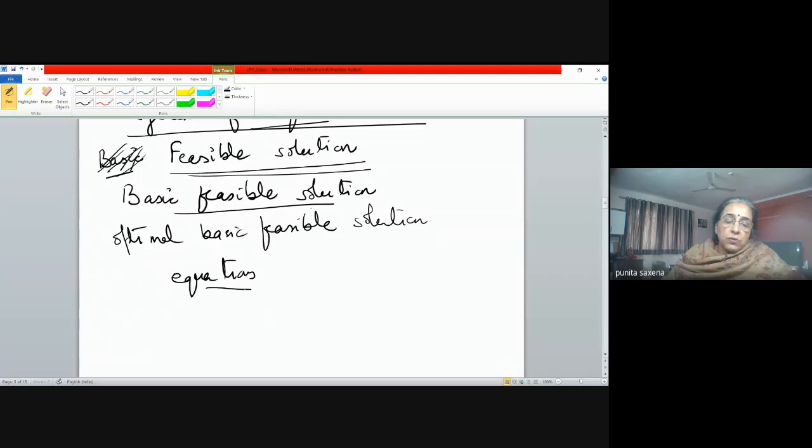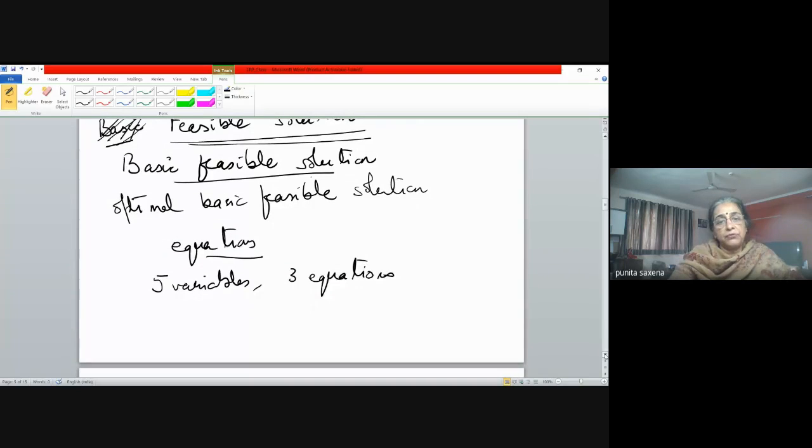Okay, system of equations where you have 5 variables, okay, and 3 equations, right? अब इसका solution कैसे निकालते हो? You have 5 variables and 3 equations. कैसे निकालते हो इसका solution?